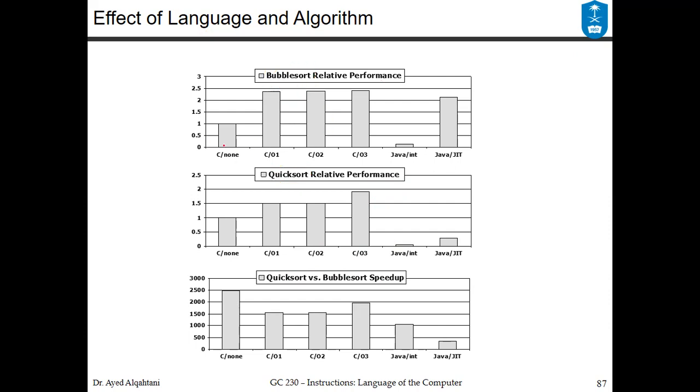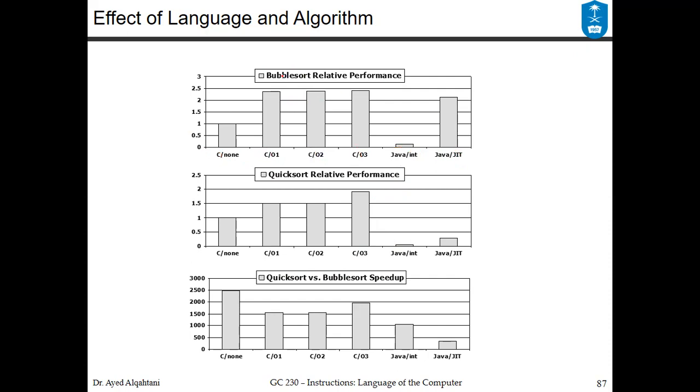So in the x-axis, we used C language one time with no optimization, and we have the 3 optimizations, 1, 2, and 3. And we also used the Java using the interpreter, the simple interpreter, and this is terrible. And then the next version is using the Java with the just-in-time compiler, which is way better.